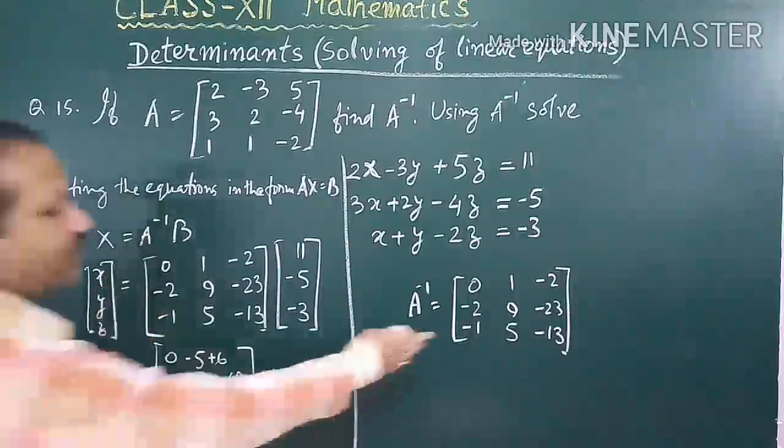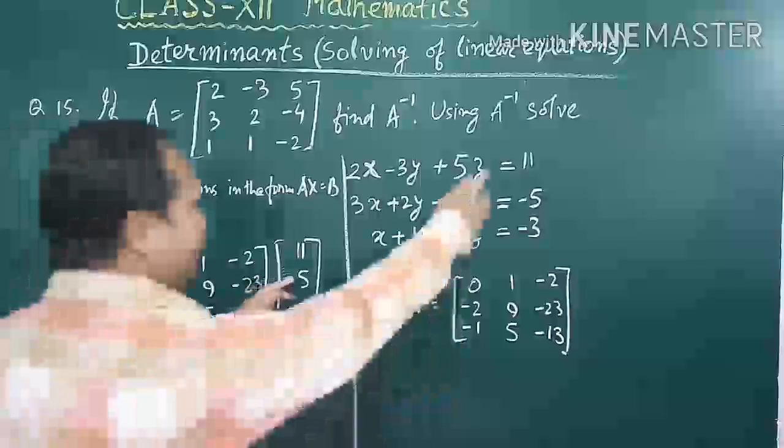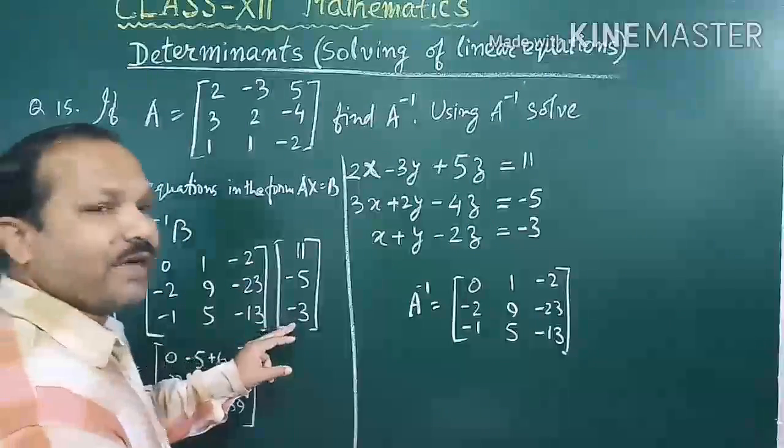A inverse we have already got, and B is here 11, minus 5 and minus 3.